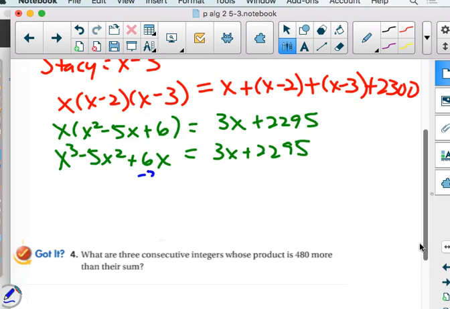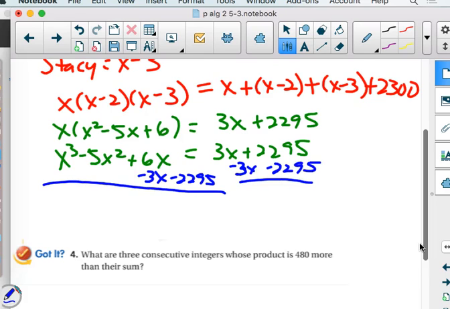That would be some good practice anyway, because like I said, we know we're going to have to do that on the test. We had times when they gave us the zeros and said, write a polynomial function in standard form. So x cubed minus 5x squared plus 3x minus 2,295 equals 0.